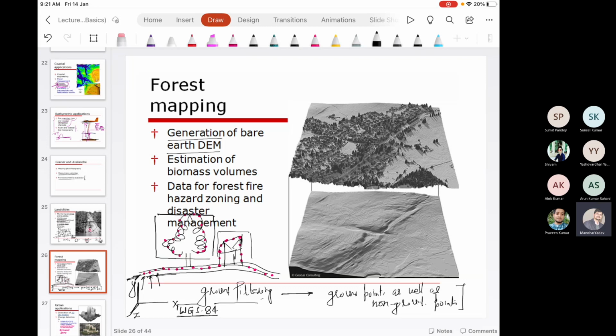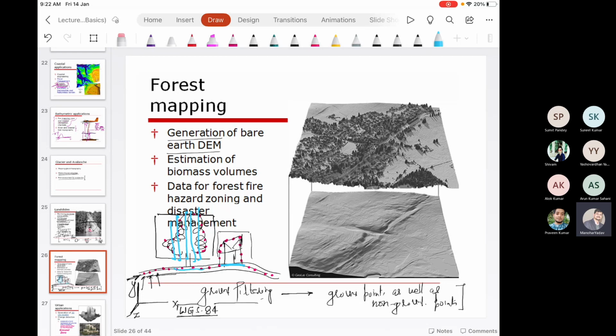As you see over here, when you separate the non-ground points, some data gap will be there. If you see this location, we don't have any ground points over here because this area is obstructed by the building roof. In the case of trees, due to the advantage that the laser beam can penetrate through the canopy, we get enough points under the canopy from the ground. So there will not be a problem.